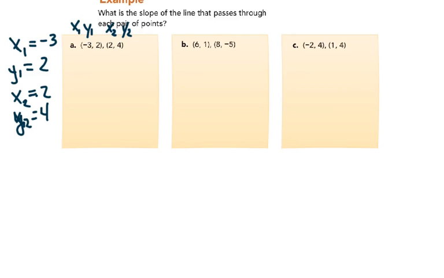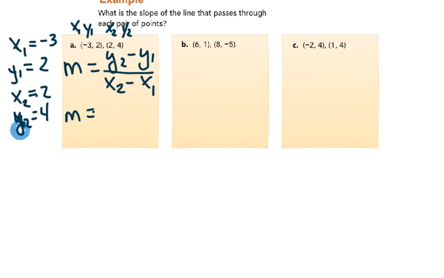So my equation for slope is m equals y2 minus y1 over x2 minus x1. So the slope is going to be y2, which I said right here was 4.